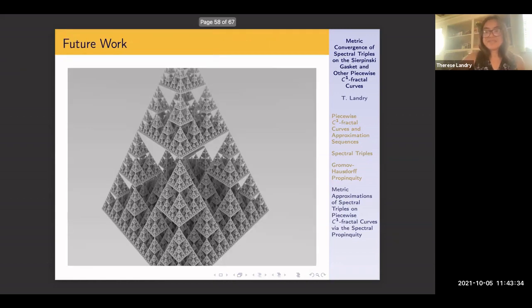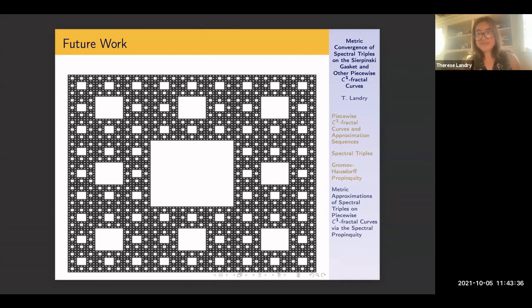What makes the Sierpinski carpet so much more difficult is that you can't do that. You can't just remove a finite number of points and disconnect the whole thing. Those kinds of fractals are called infinitely ramified. They're an entirely different class of fractals, and one that isn't so well understood in the literature of analysis on fractals.